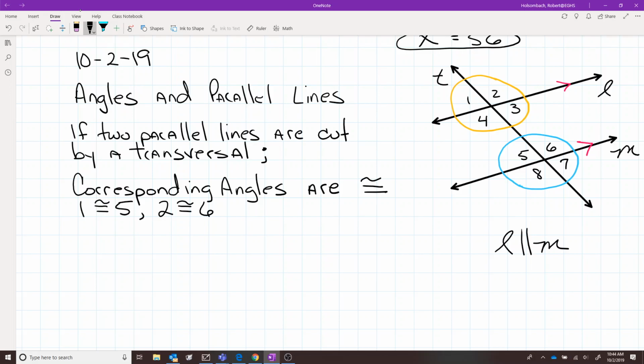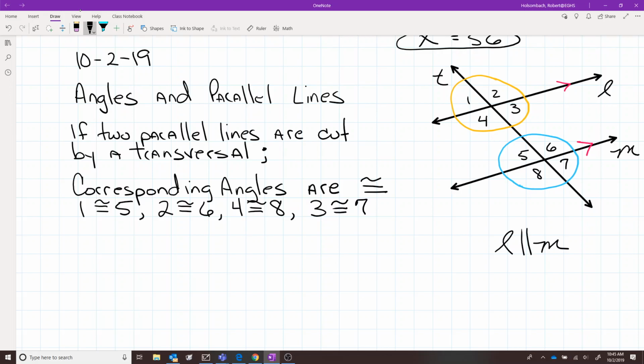Angle 6. And angle 4 is congruent to angle 8. And what's left? 1, 2, 4, and 3. Angle 3 is congruent to angle 7 because they are corresponding angles. That is a rule.